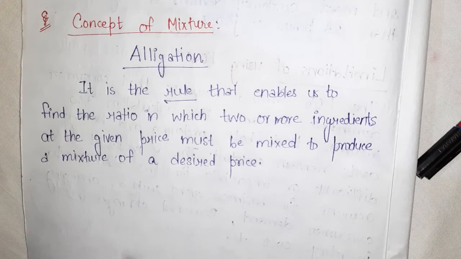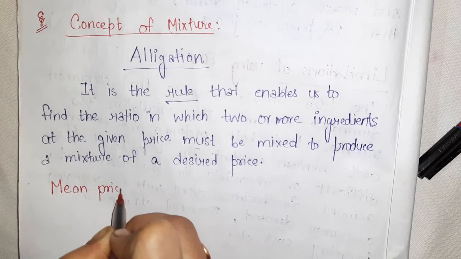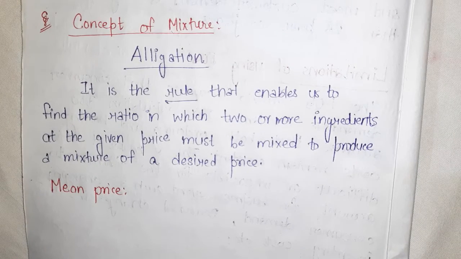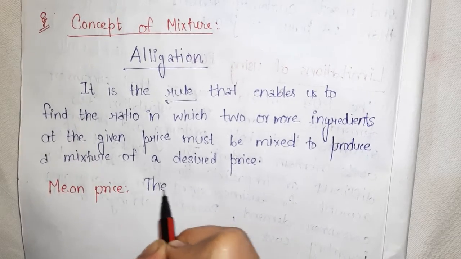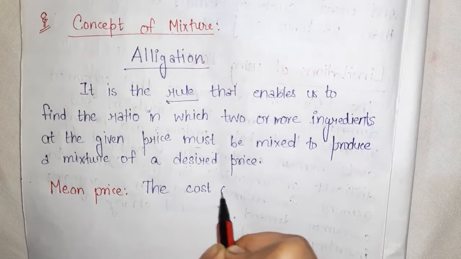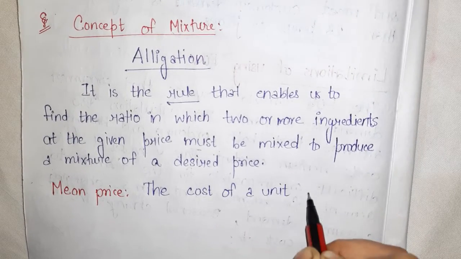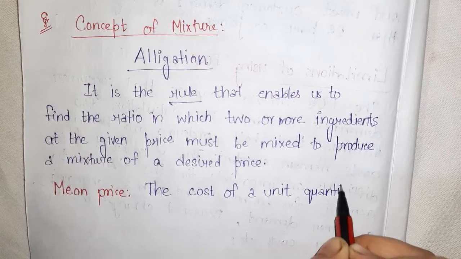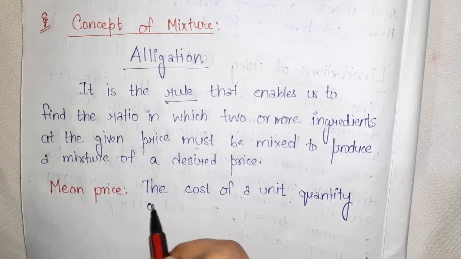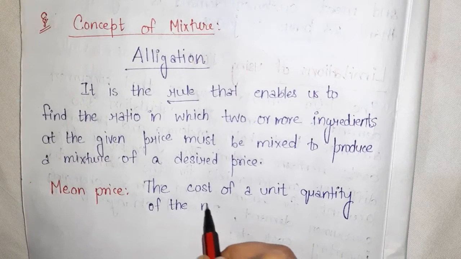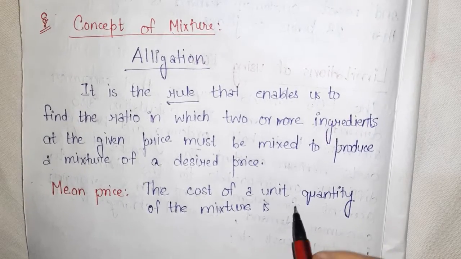Now another word we find here is mean price. What is the mean price? The cost of a unit quantity of the mixture is called the mean price.